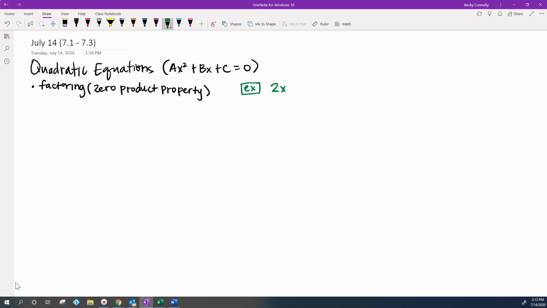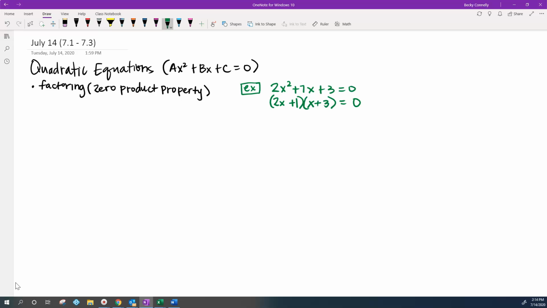So if you had a quadratic equation that says this, remember how you have to get everything over to one side, put it equal to 0, and then you're able to try and factor this, right? When you go through and do the factoring, it would end up factoring to be something like this.